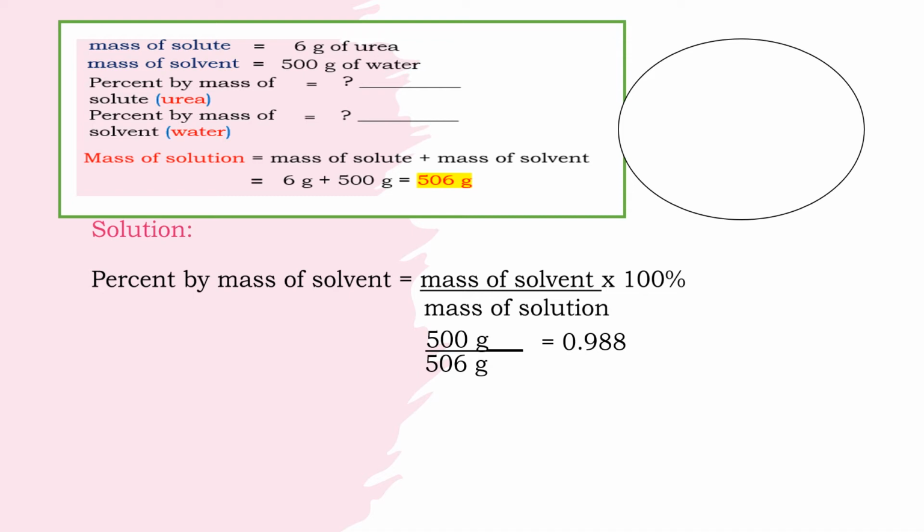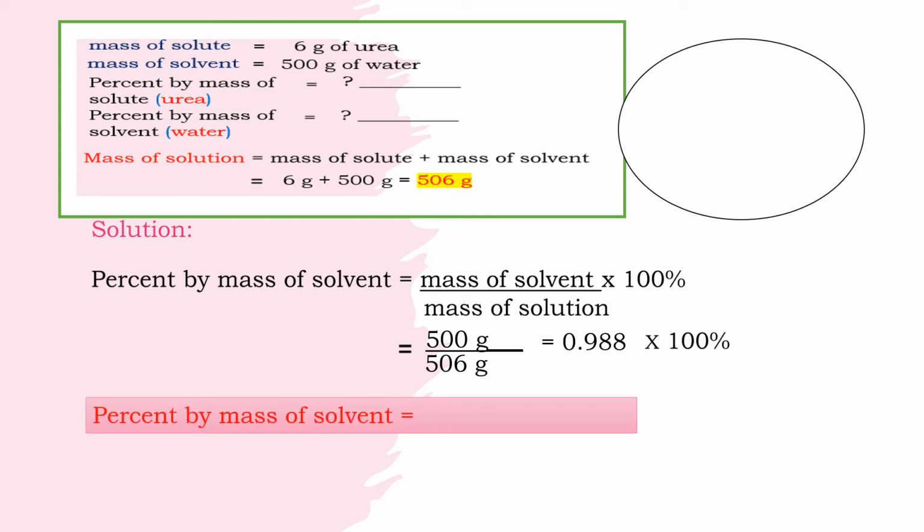That is 500 divided by 506, so 0.988 times 100%. So what is now the answer? So the percent by mass of solvent, or the mass percent of solvent, is equal to 98.81%.